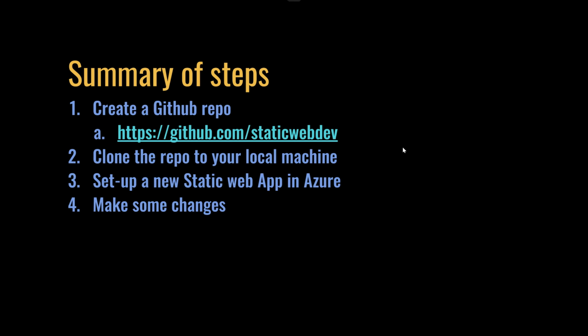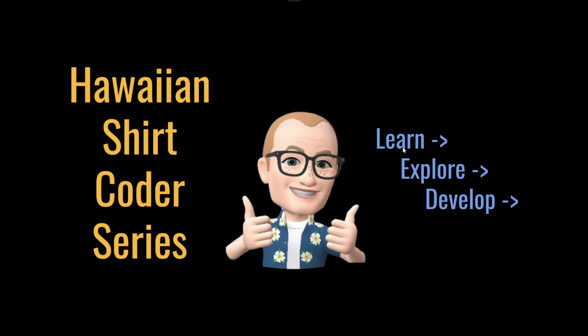We're going to set up a new static web app in Azure, and then we're going to make some changes to ensure that it works end to end. I'll also, as we go along, explain some of the basic structure of a Blazor project like I did with React, but like I said, this is really more to do with Azure Static Web Apps than a comprehensive overview of Blazor. So with that, let's get started with our demos.